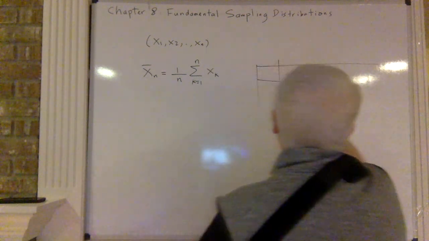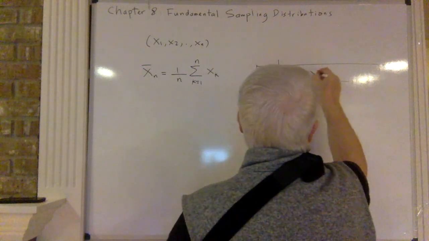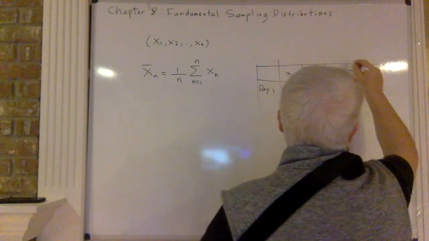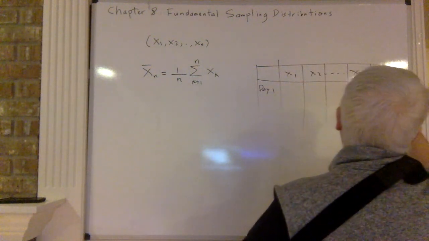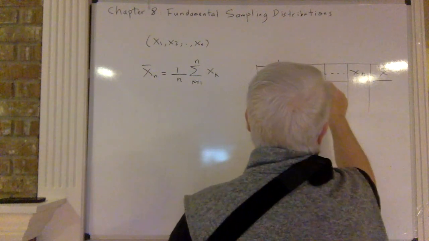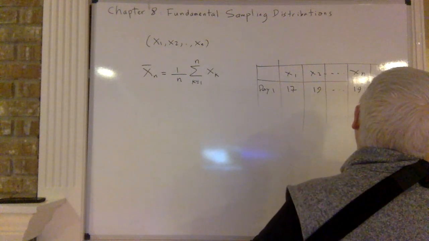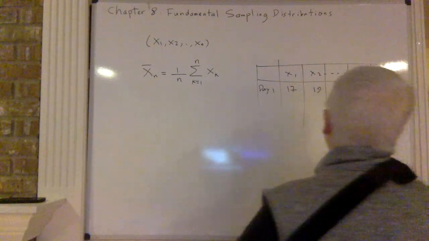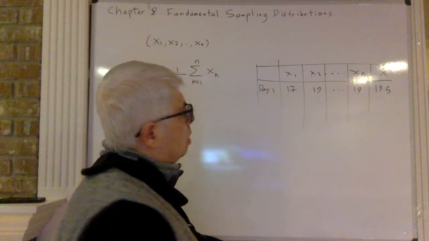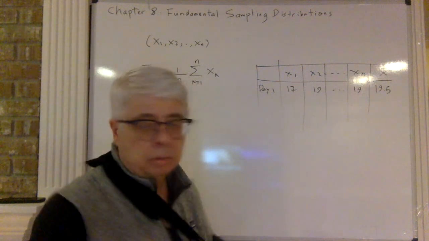So suppose it's day 1, and you have x1, x2, xn. So this is like 17, 19, 19, and then we have some x bar, which might be something like 19.5. So 19.5 is the value assigned to x bar.